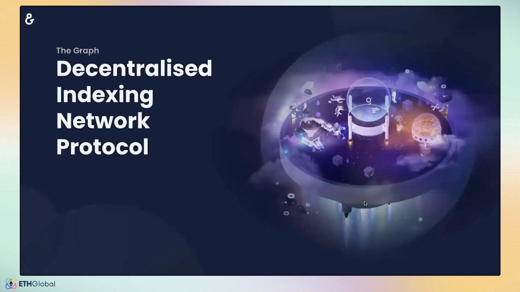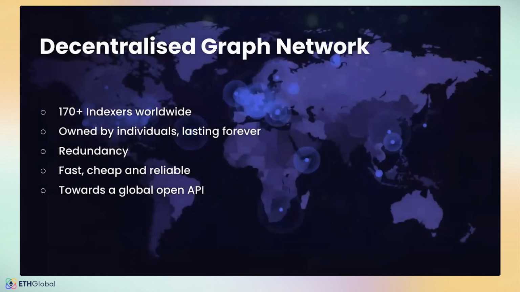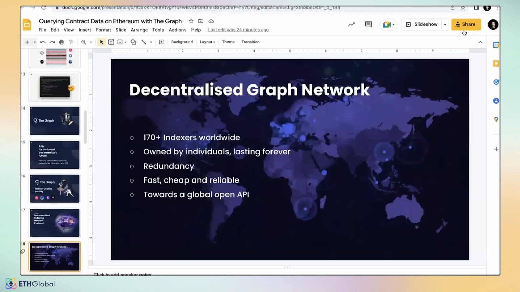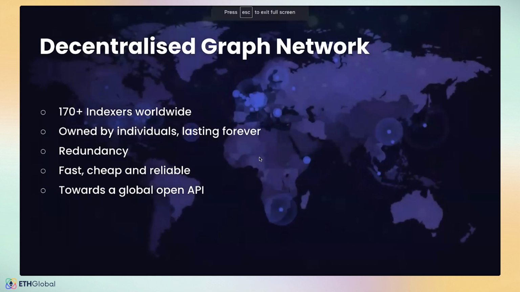And it's not only the hosted service, it's also a decentralized indexing network protocol. There are more than 180 indexers, I think, currently worldwide, owned by individuals. That means these are independent indexers that run the thing.